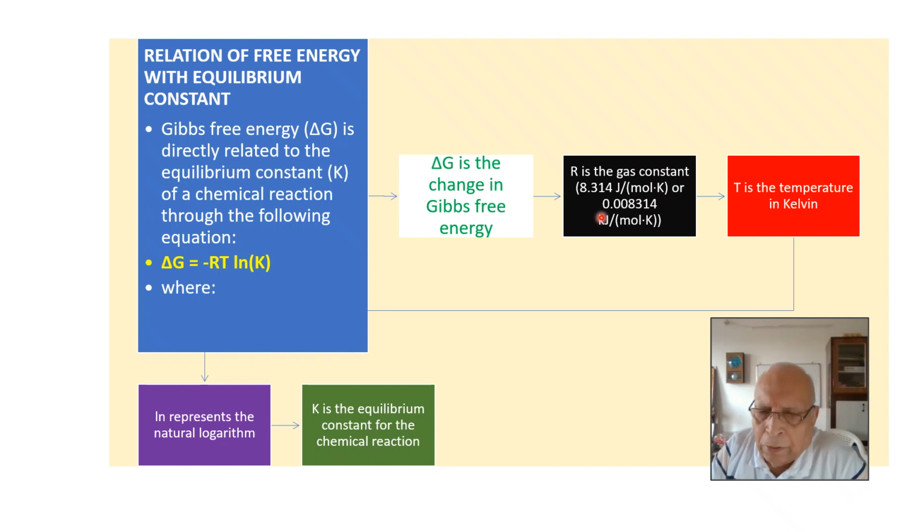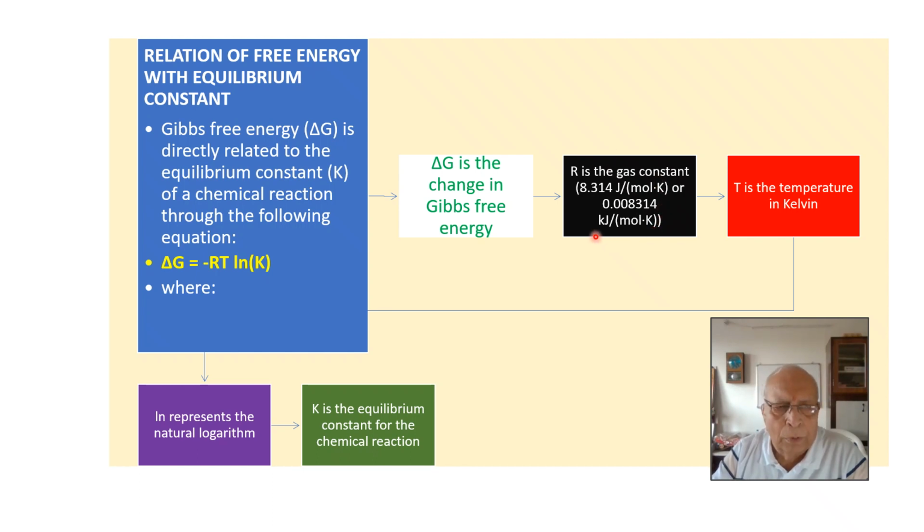R is the gas constant. The value is 8.314 joules per mole per Kelvin. R may also be 0.008314 kJ per mole. We know it.